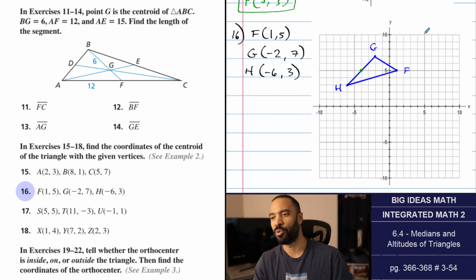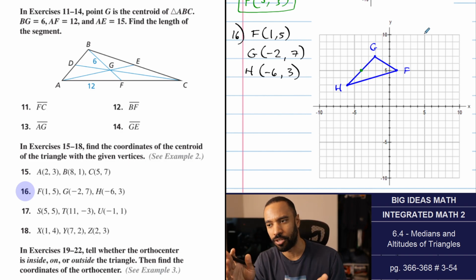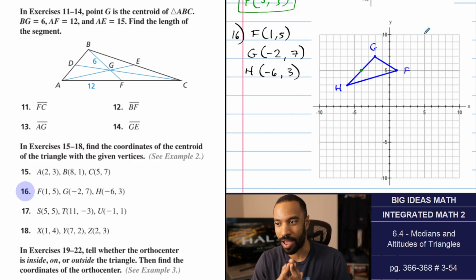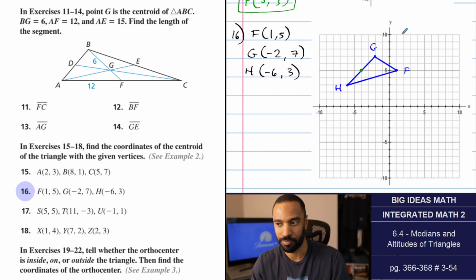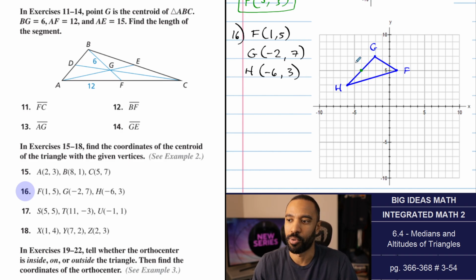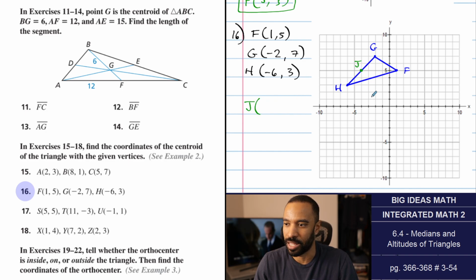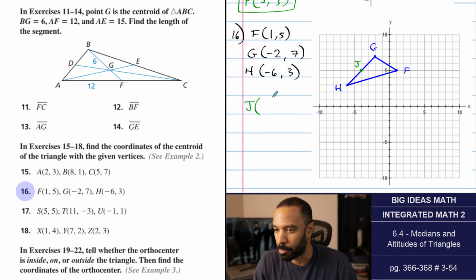Up 2, over 2 gives me that midpoint. If you don't know how to calculate that, you can also average your x's, average your y's. Take a look at some of the examples that were typed out before. But I have the graph visual. I'm going to use it as long as it seems to make sense. Let's use that midpoint. Let's call it I. I won't use I, I'll use J. J is that midpoint. It is at (-4, 5).